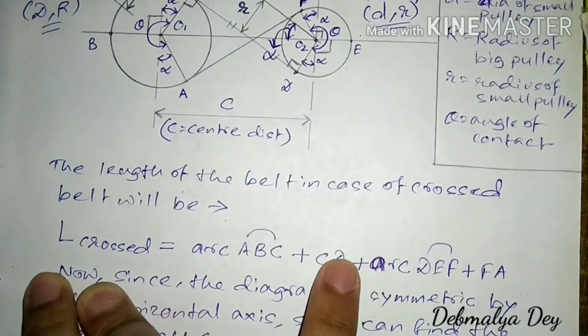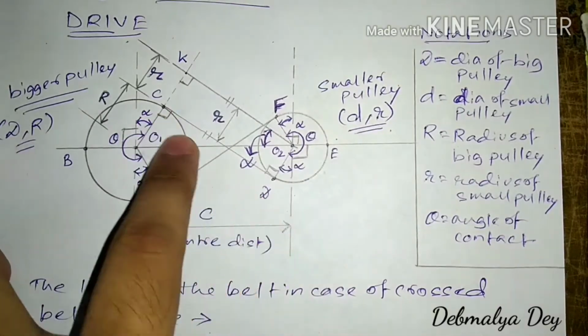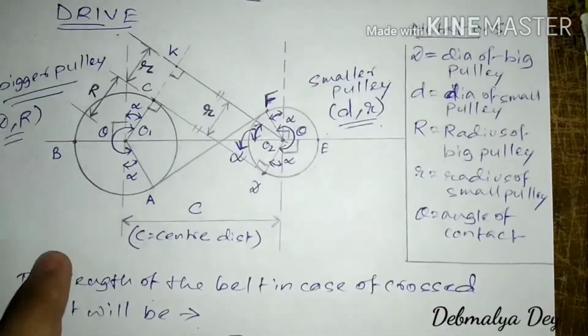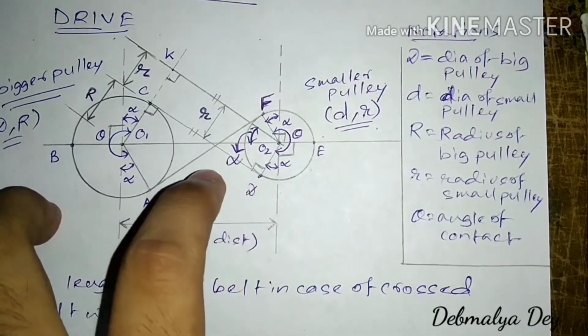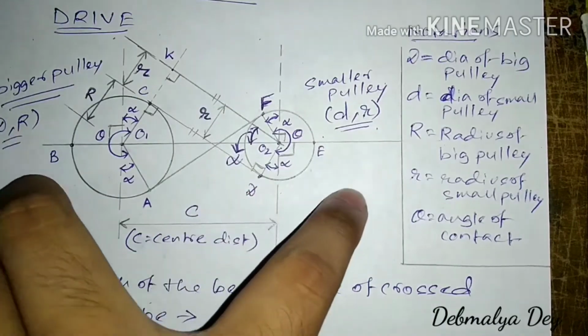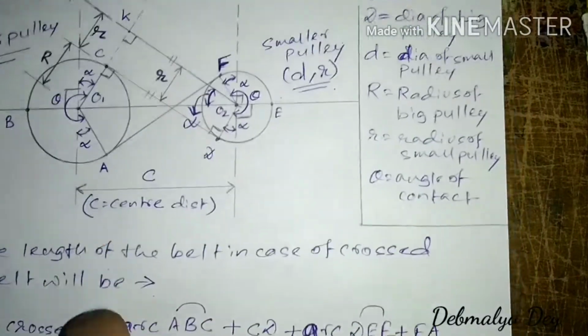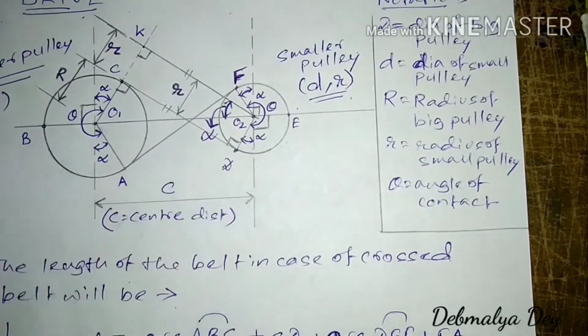Then the length CD, then the arc DEF. In the smaller pulley the belt wraps from the point D up to F, so we need the length of this arc DEF, plus FA, this distance. I hope this is clear.